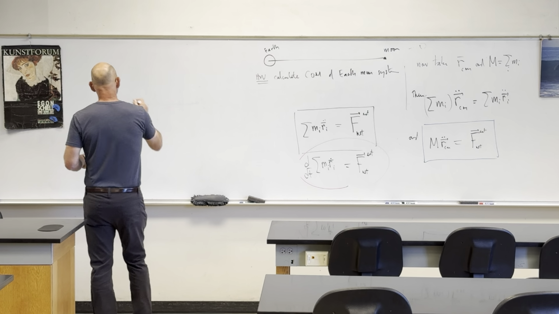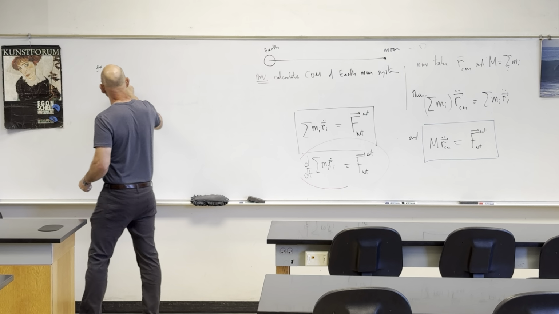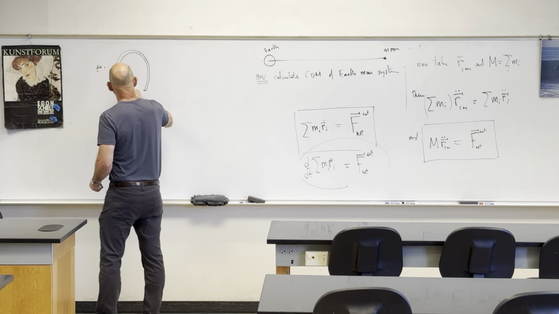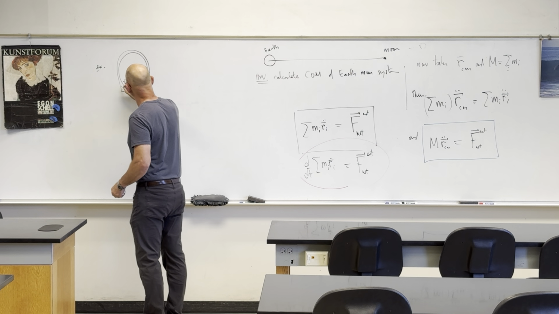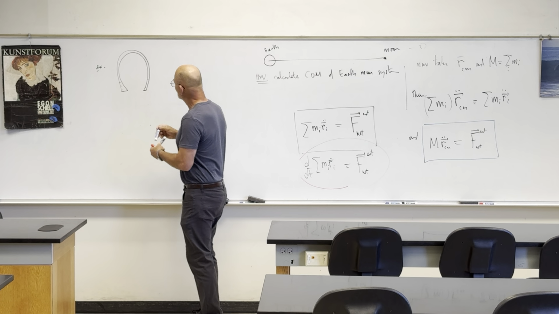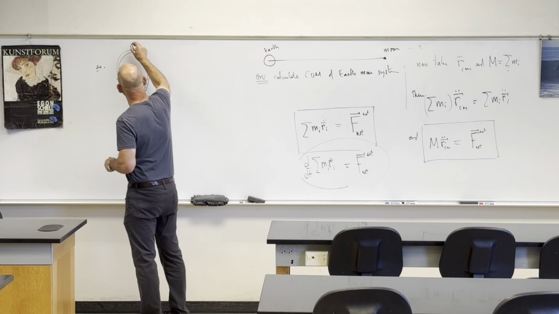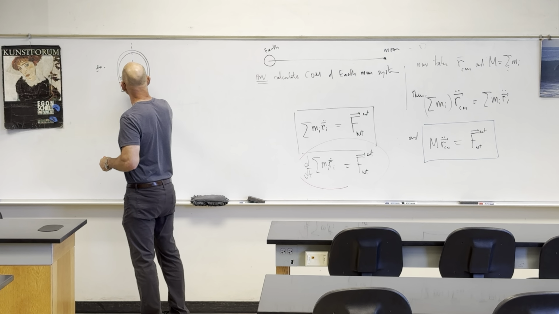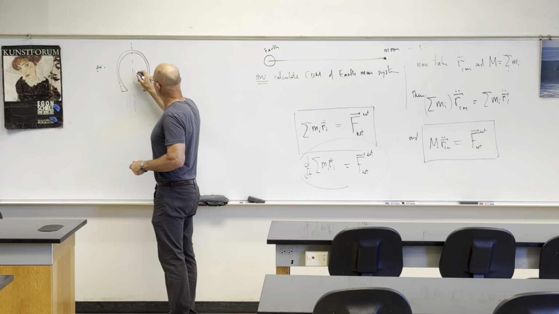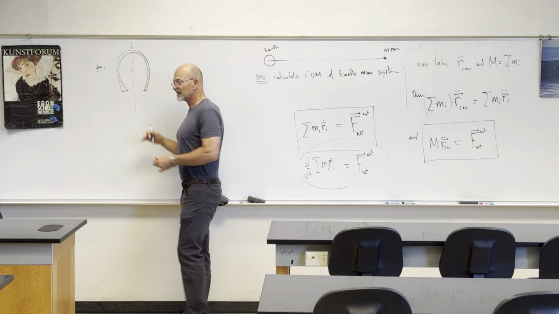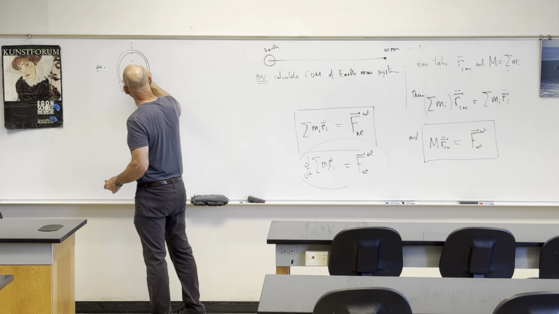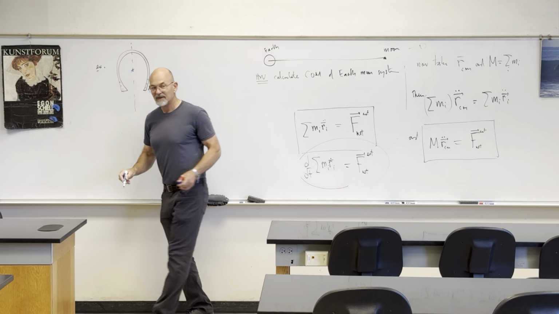Yeah, so let's go with the example here. The horseshoe looks like this. And if we put this in a coordinate system, the center of mass, if you want to balance this thing, say you cover it with a thin film or something and balance it on a string, you're going to locate the center of mass somewhere right here.